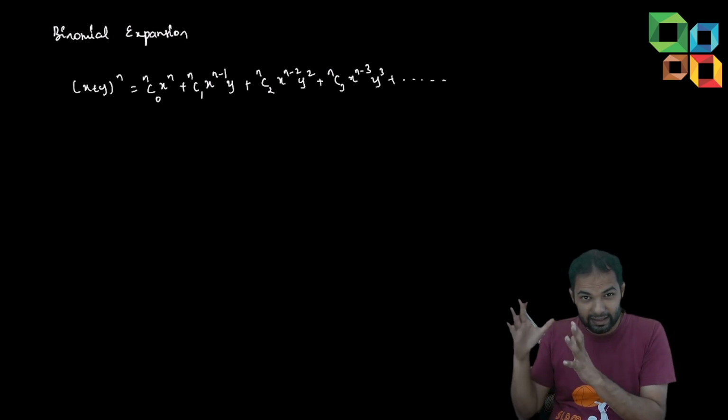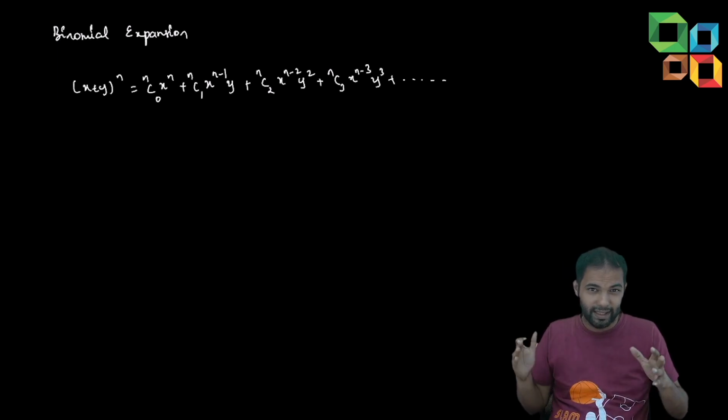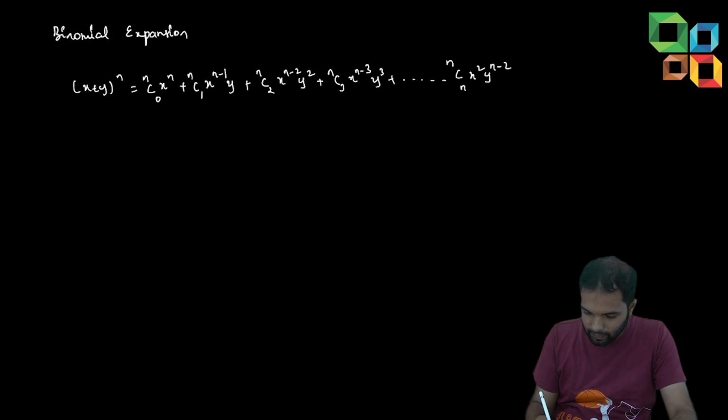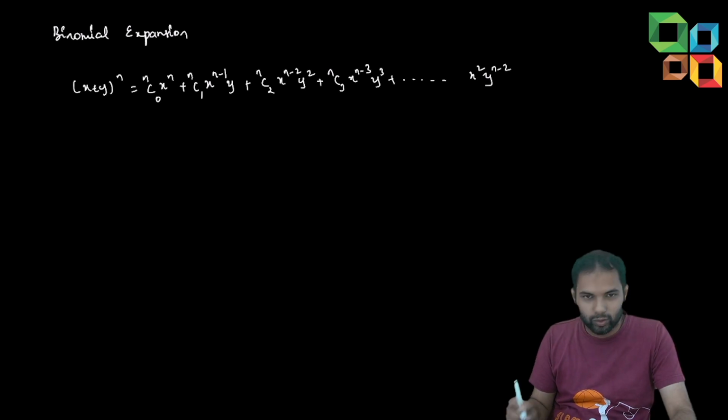At the end, on the other side, because this n, we can keep on writing it, will never end. So just to see, if x is x squared, y will be n minus 2. Now what becomes the coefficient?